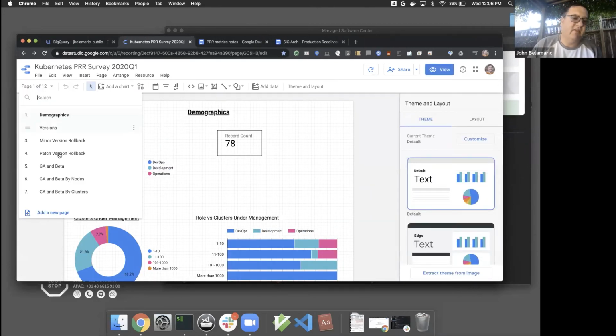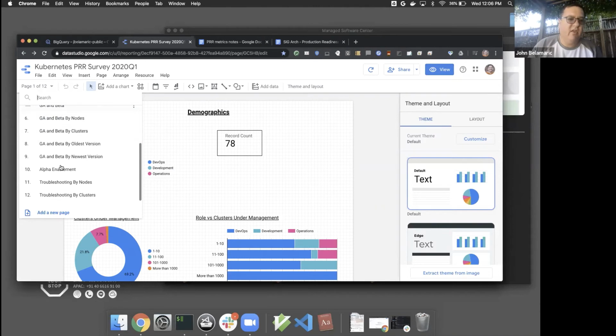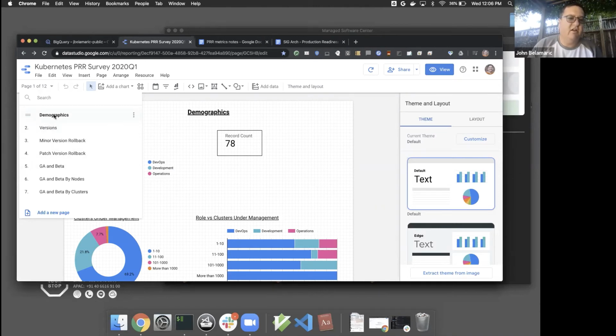So these are the basic things we'll talk about today that I've got down so far. Some demographics around who took the survey, the responses we got, based on the role, number of clusters and number of nodes under management.